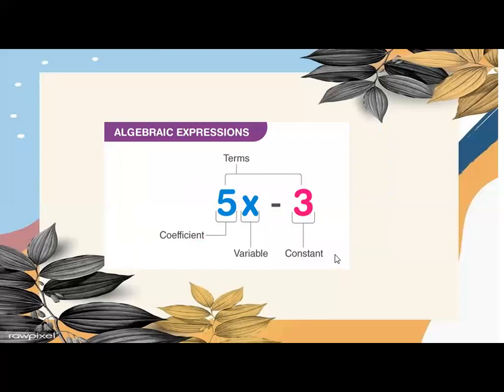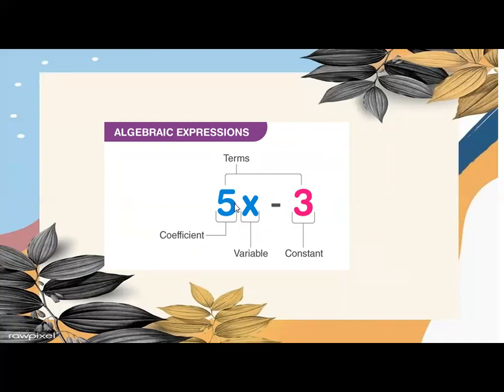Look at the second example, 5x minus 3. So in this example, they have used the mathematical operation subtraction. So 5x subtracted by 3. So in this example also, there are 2 terms and the mathematical operation is subtraction.